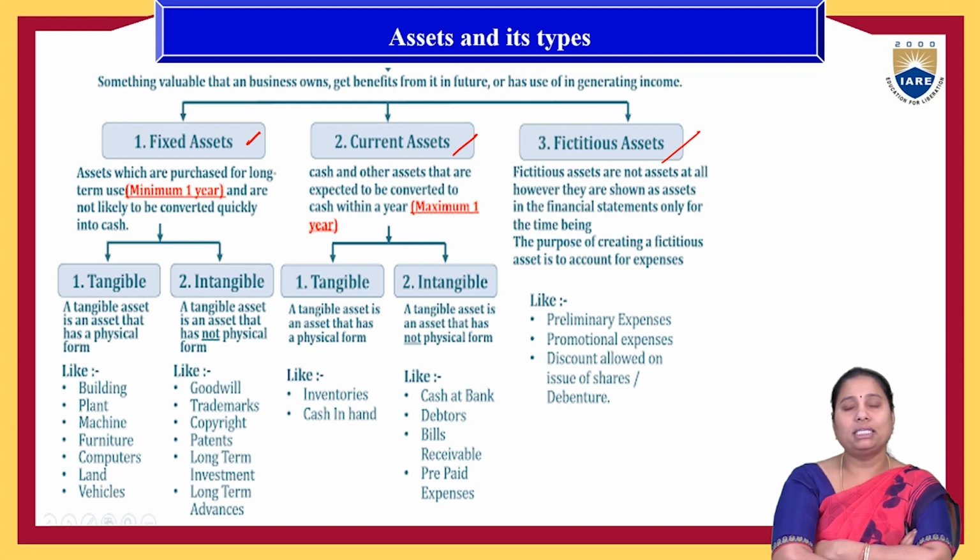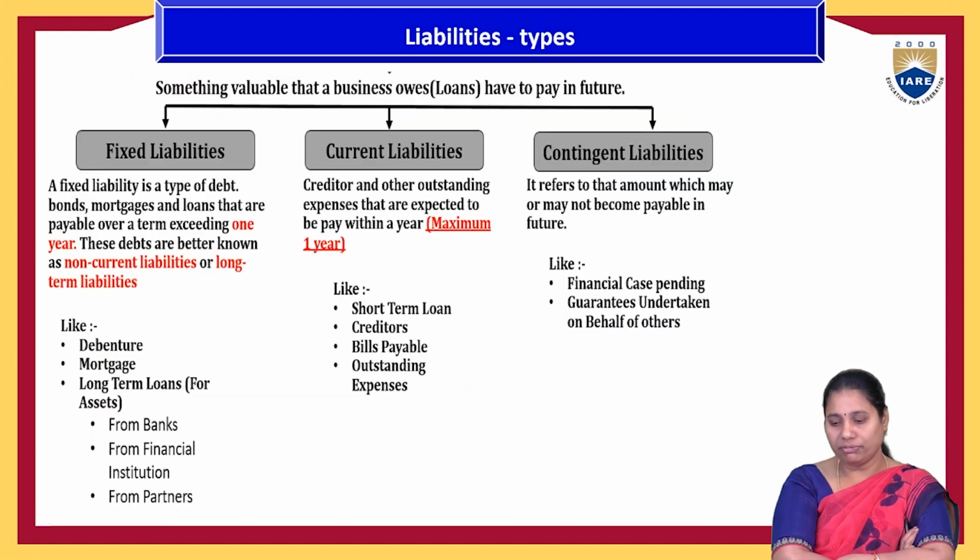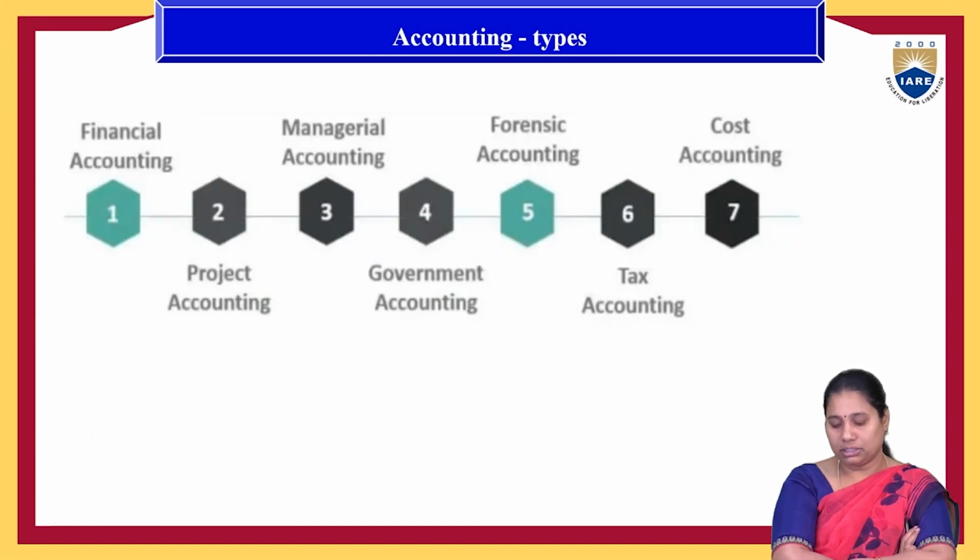And the fictitious assets means preliminary expenses, promotional expenses, which they spend on promotions and advertisements, and discounts allowed on issue of shares and debentures. These are called fictitious assets.